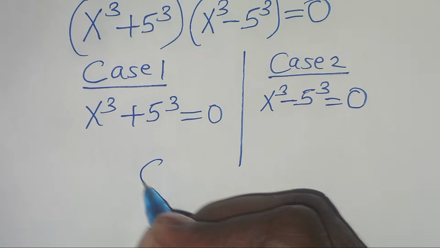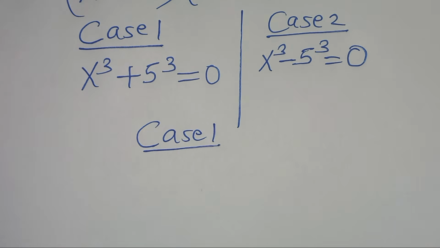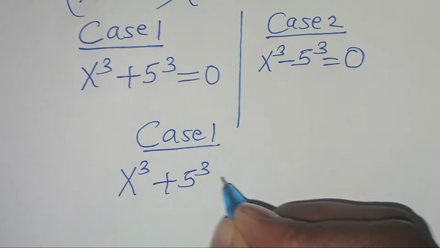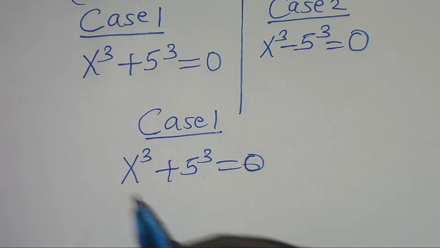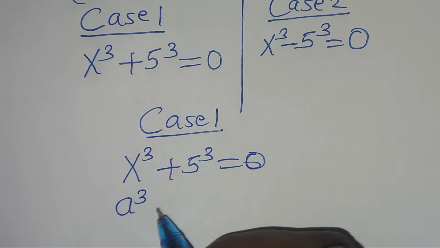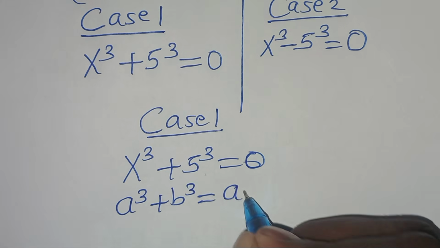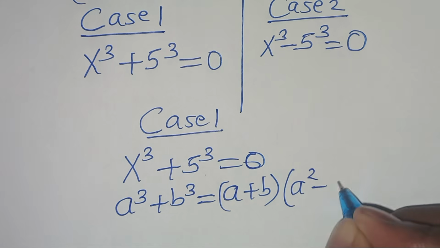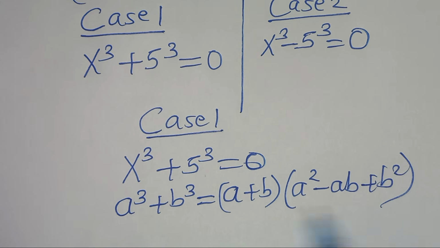So let's start with case 1. In case 1, we have x to the power of 3 plus 5 to the power of 3 equal to 0. This is the sum of two cubes, expressed as a to the power of 3 plus b to the power of 3, which can be expressed as a plus b multiplied by a to the power of 2 minus ab plus b to the power of 2.